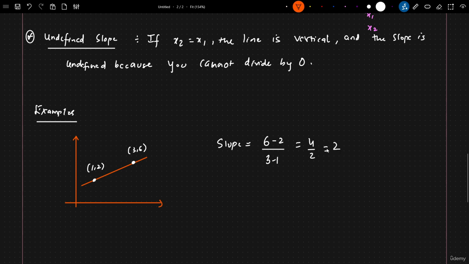Now, what does this slope indicate? This is my x and y coordinate.